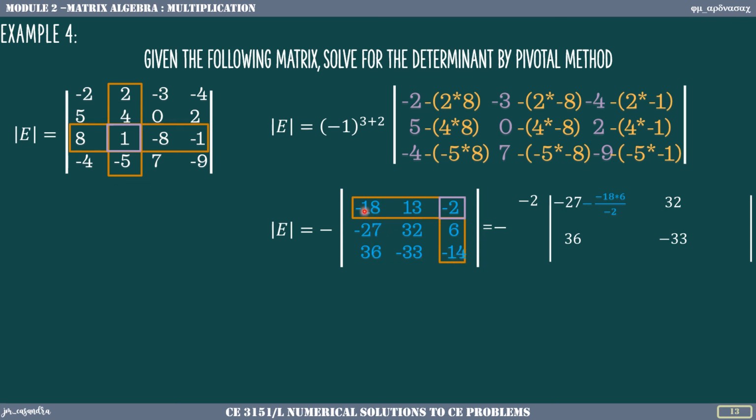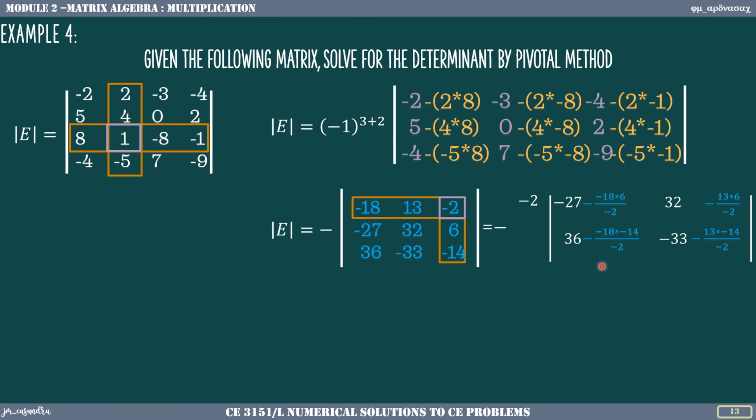And we are going to simplify this row by dividing it by negative 2. So we'll now have minus negative 18 times negative 14 all over negative 2. Then, for this element, we have 13 and 6 divided by negative 2. And for the last element, we'll have 13 and negative 14 divided by negative 2.